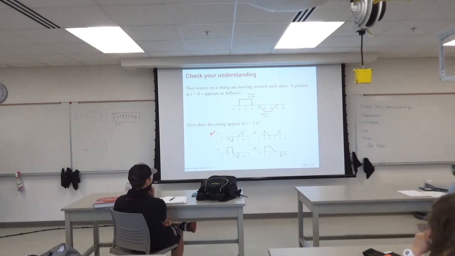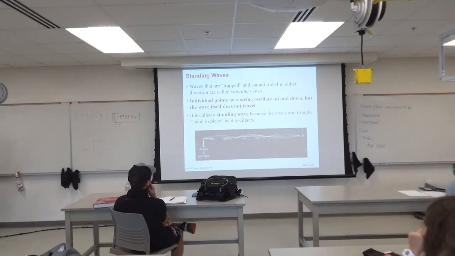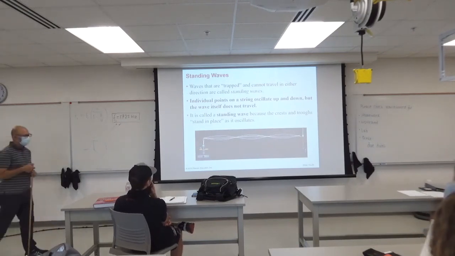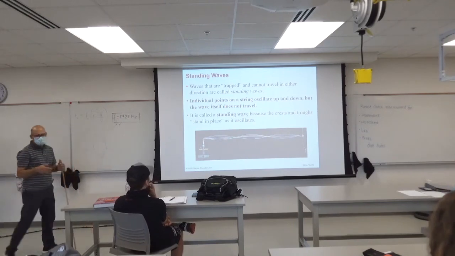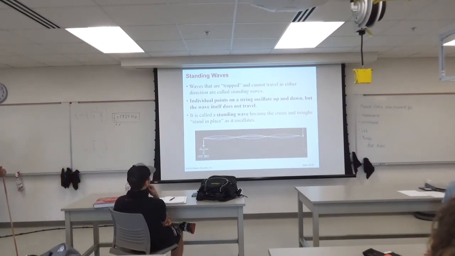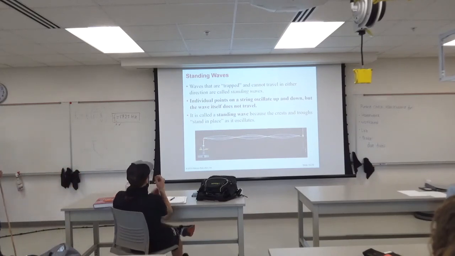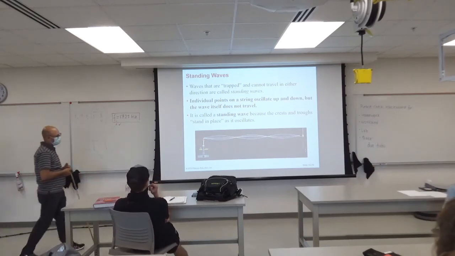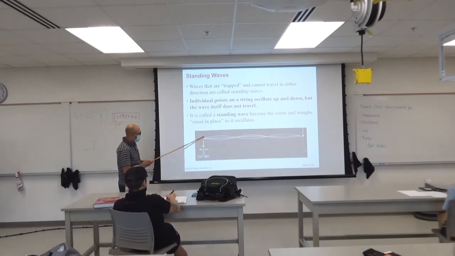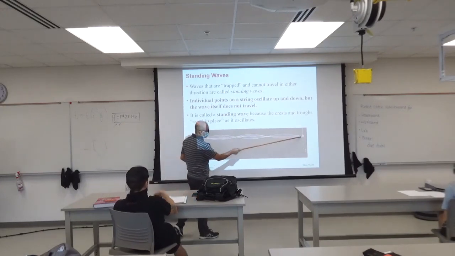We have a couple more minutes left. Now, so far we talked about free waves. Free waves are the waves that do not see any boundary. They can travel freely on a medium. Now, sometimes the waves get trapped between two boundaries. In this case, this is the oscillator that produces the wave, and there is a boundary here.